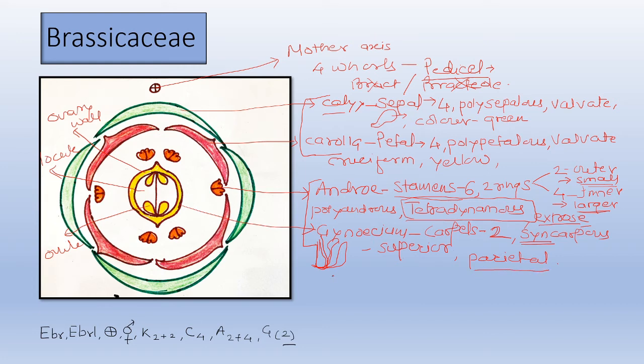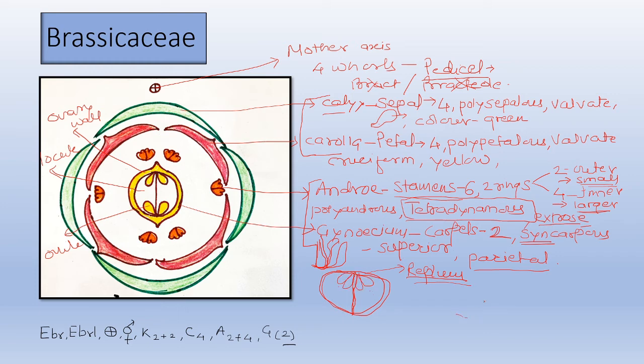Now in this case, the two carpels had the same locule in the beginning, but later on a septum is formed there. This septum is known as the replum. It is not a true septum, it is a false septum, and the ovules come off in this way.